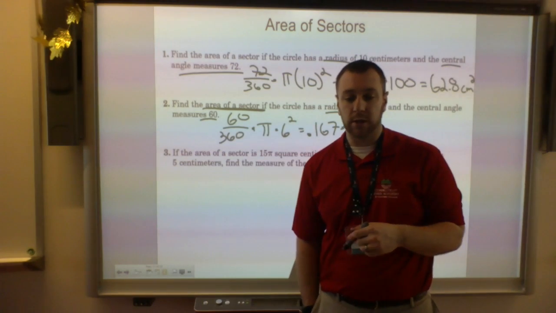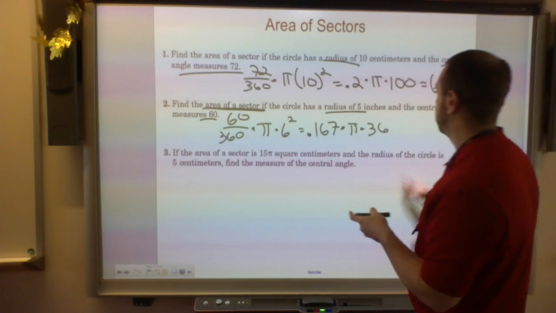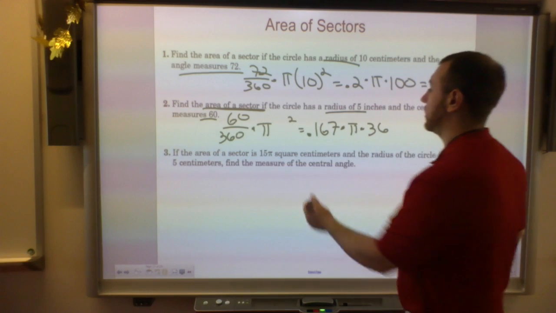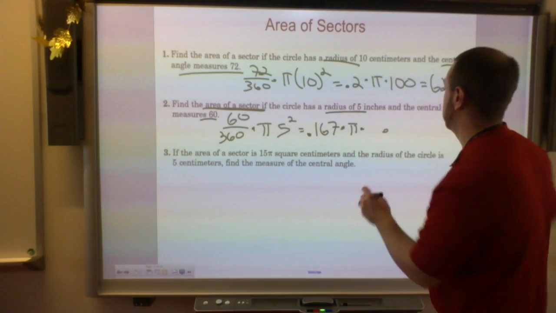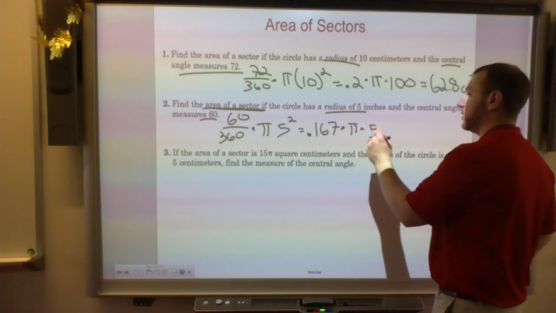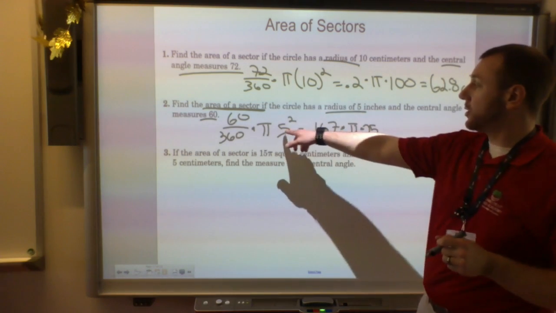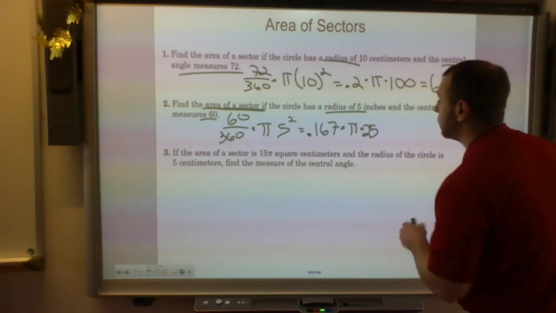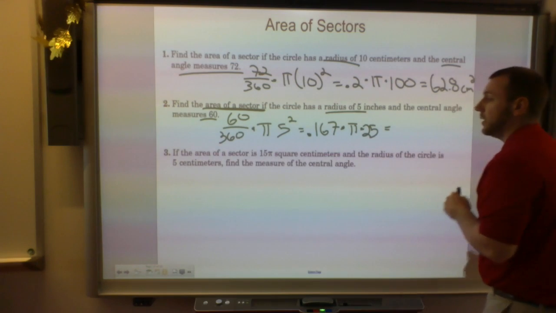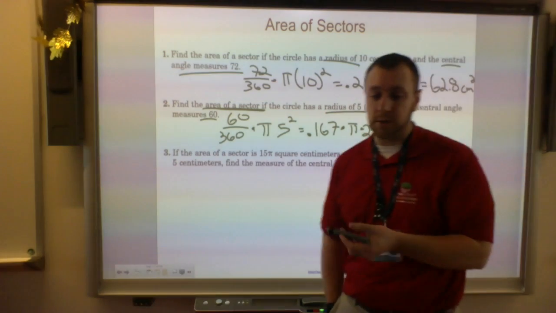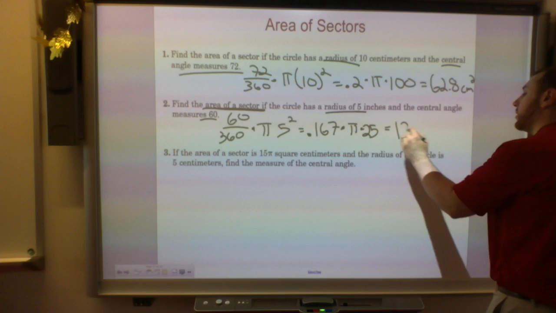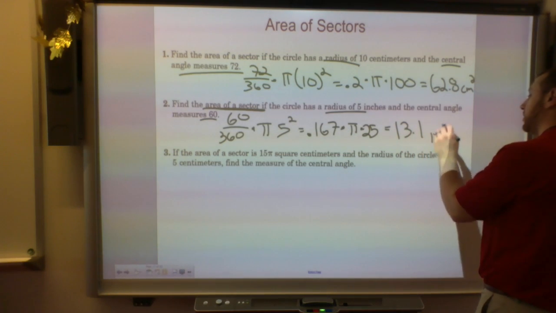So you have to make sure, why am I saying 6? This is 5. This is 25. So we gotta make sure that I'm squaring this, okay? And now when I do that multiplication, I should get 13.1 inches squared.